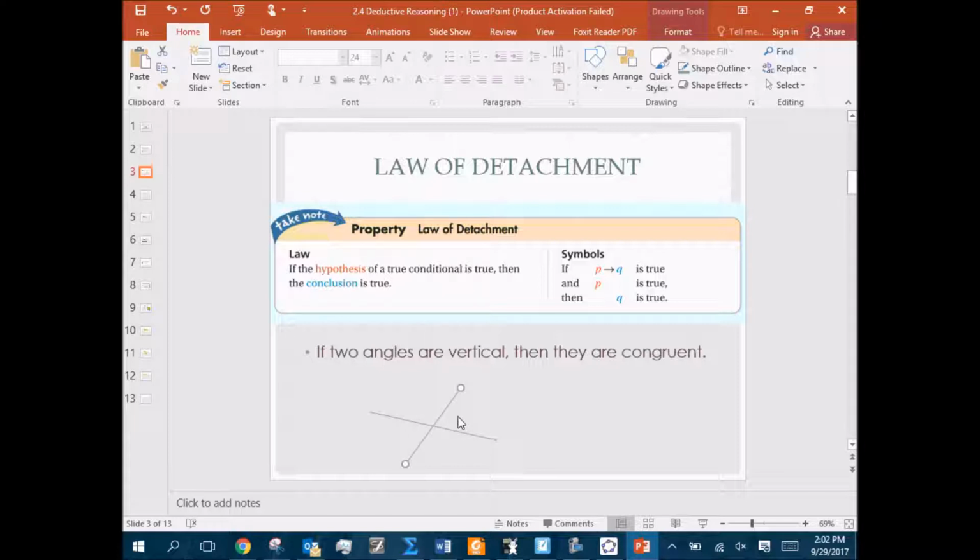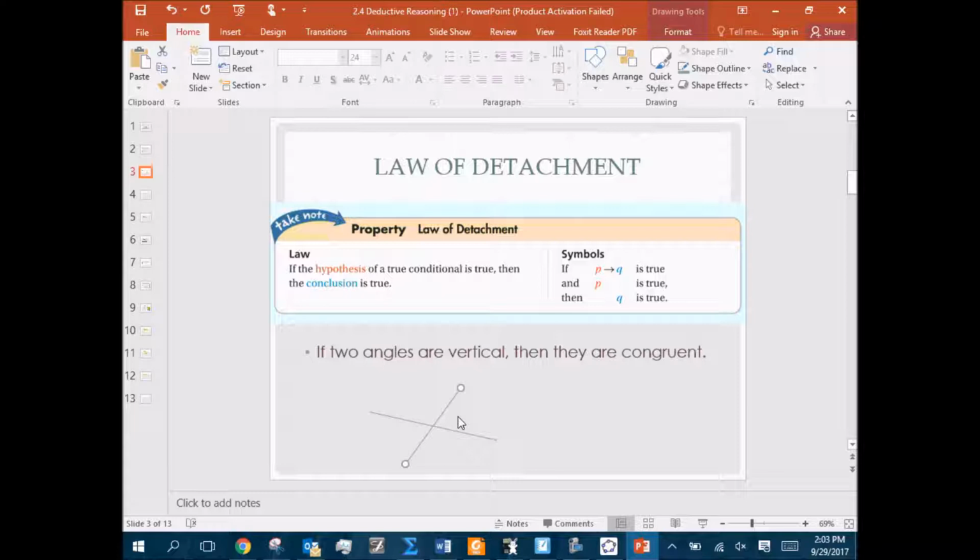Are they vertical? Yeah. Okay. So I gave you a piece of information, a statement somehow, that matches to this, right? So if they're vertical, then what is the conclusion that you can make about those two statements given this true condition? They're congruent. Okay. Is that all right with everybody?